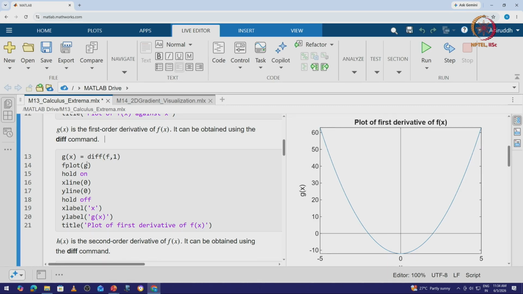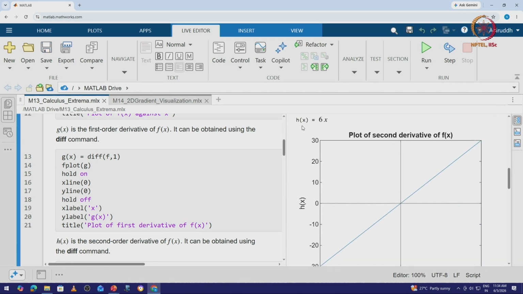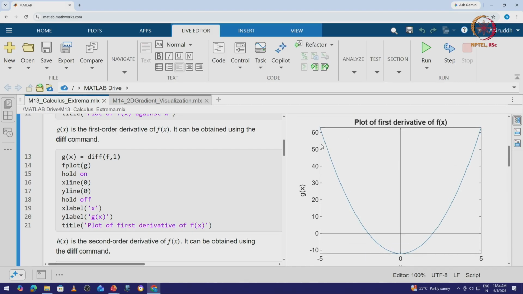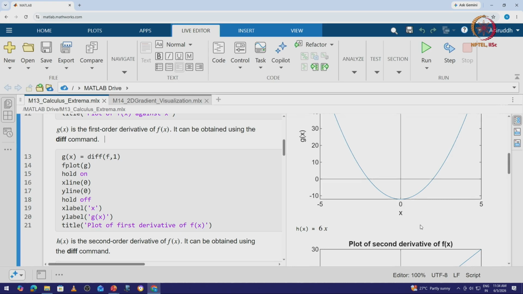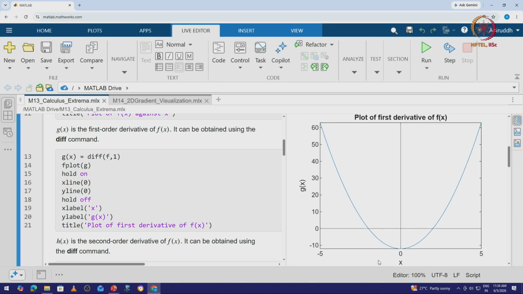Once we have g of x, we'd like to plot it as well. g of x is essentially a parabola, which is observed here. On the x axis we have x and g of x is the corresponding values, and we see that this is a parabola itself, which is the first derivative of f of x.